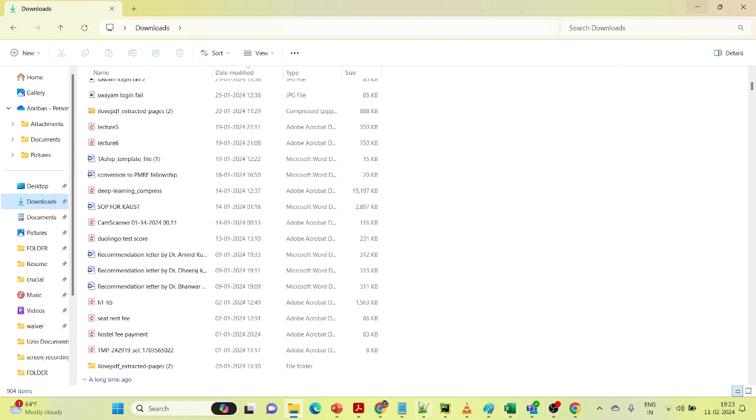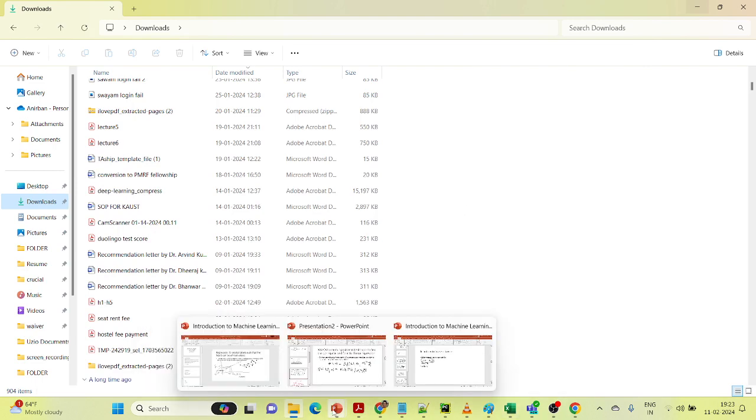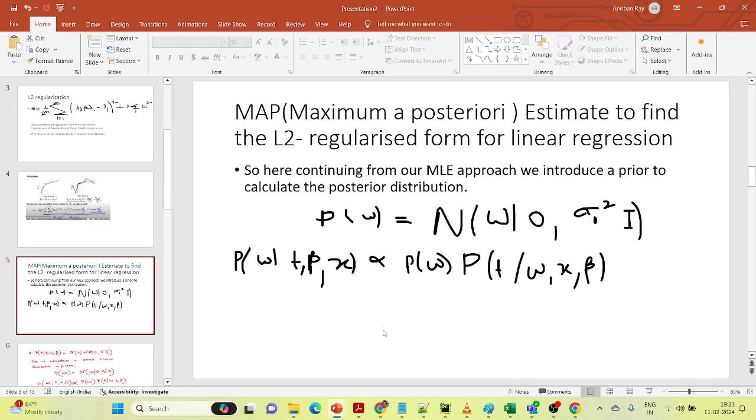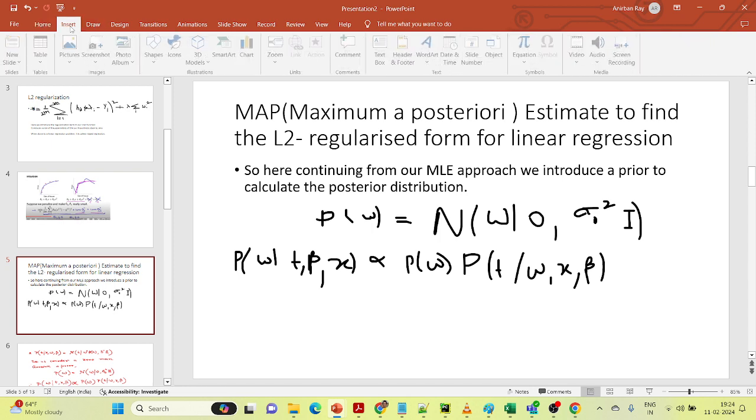What we will be doing here: we had the likelihood, and if we multiply it with the prior, then you see here, this expression is called the posterior.